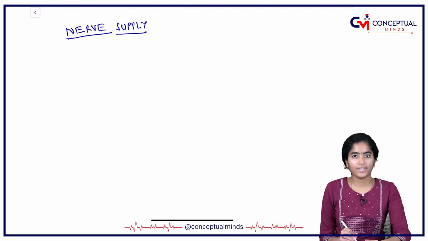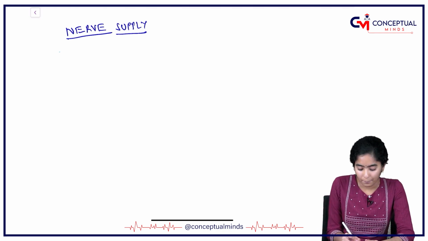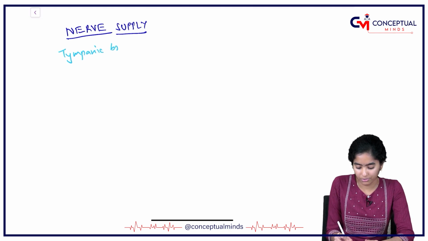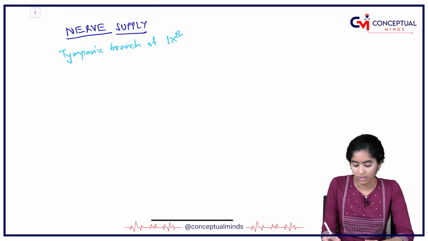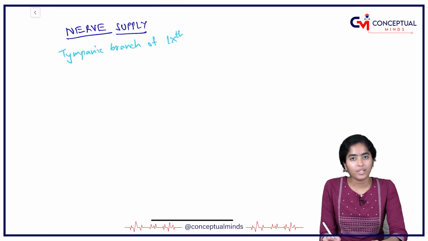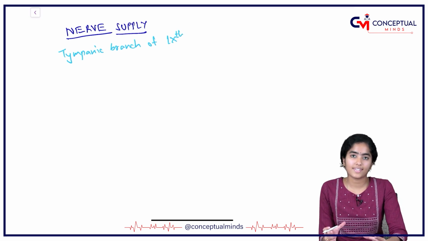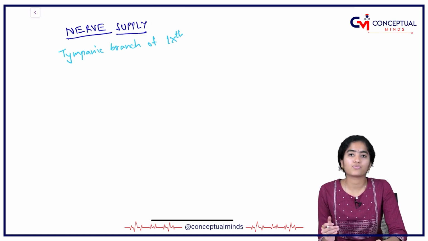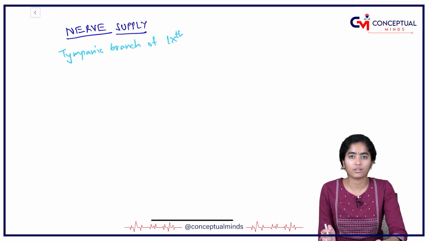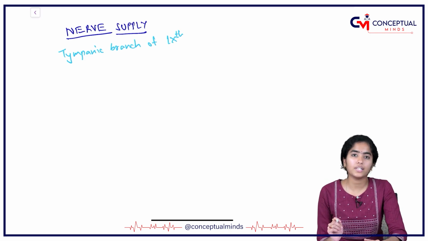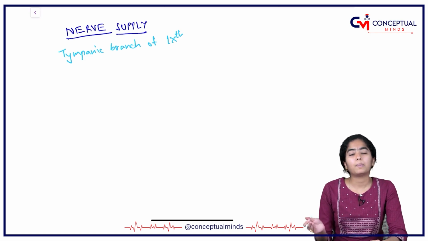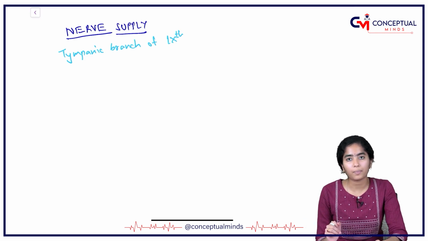The Eustachian tube is supplied by tympanic branch of glossopharyngeal nerve. Now, if you remember the middle ear anatomy, there was this tympanic plexus present on the promontory and it was formed by glossopharyngeal nerve, and the glossopharyngeal nerve itself supplied the entire middle ear cavity including the medial surface of tympanic membrane.